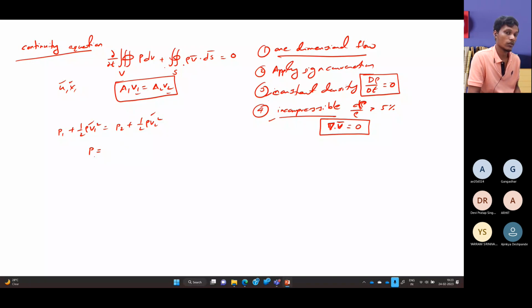If you substitute like that, then you will get P2 equals P1 plus half rho V1 square minus half rho (A1 V1 by A2) square.